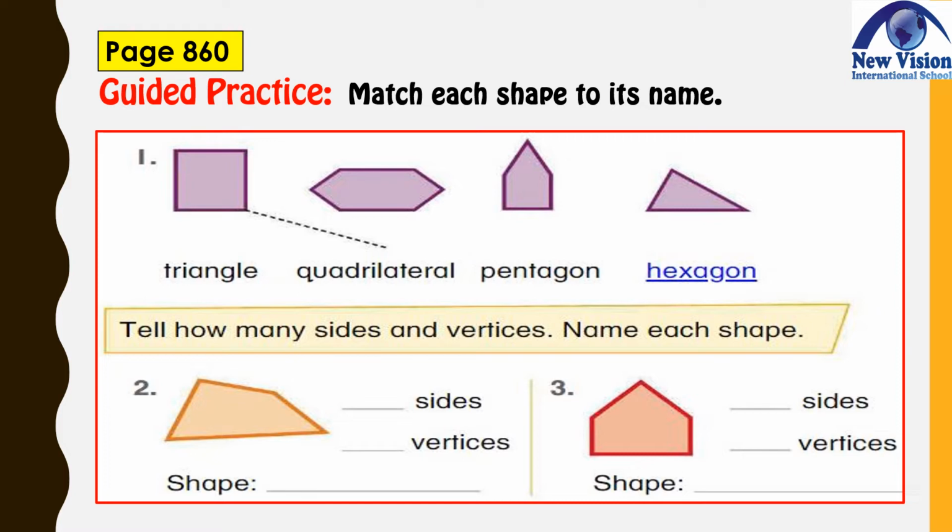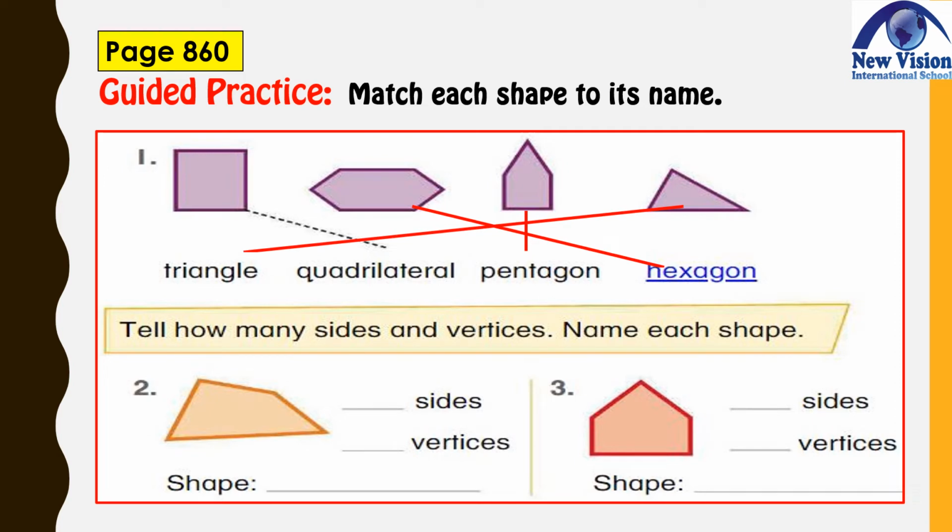Second one, 6 vertices and 6 sides, so it is a hexagon. The third one, 5 sides, 5 vertices, so it is a pentagon. And the last shape has 3 sides and 3 vertices, so it is a triangle.